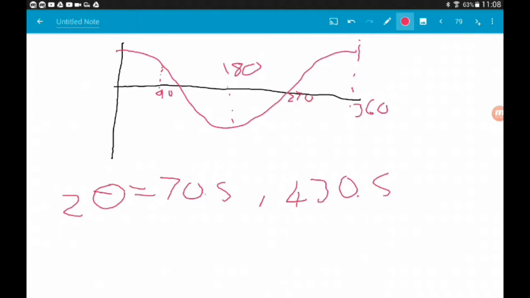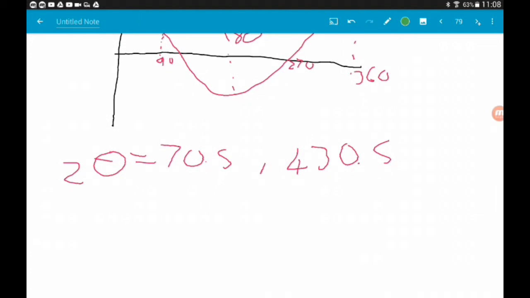What we can do now from these two values is divide by 2 to get our values for theta.